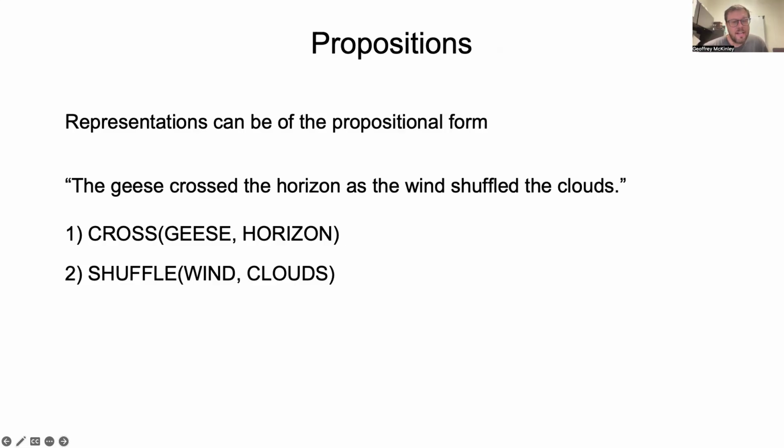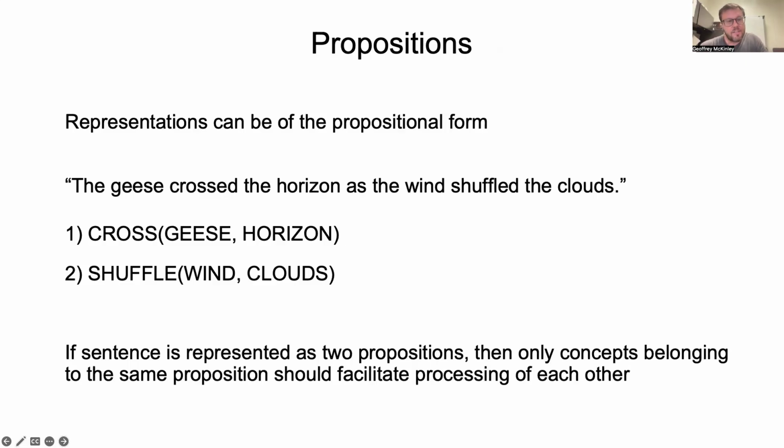The idea is that if a sentence is represented as two propositions that are connected, then only concepts belonging to the same proposition should facilitate processing of the other. And this is a reasonable assumption. If concepts prime related concepts, then a concept should prime a concept in the same proposition more than it would prime a concept in a different proposition, right?